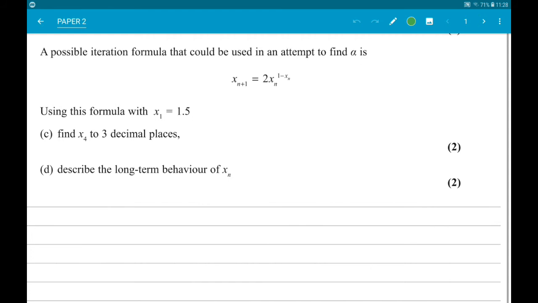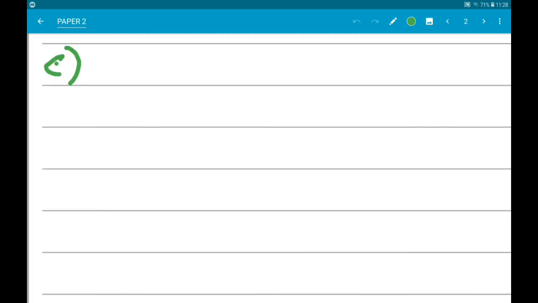Alright, so on your calculator, put in 1.5 and press equals. Now, to find x2, put in the iteration formula.